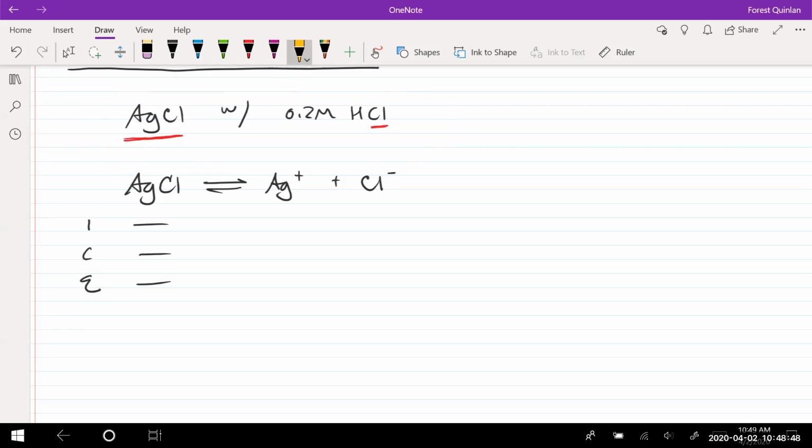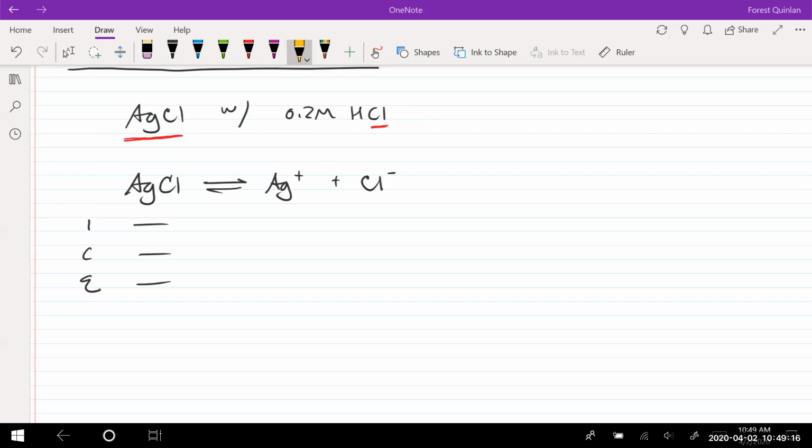Can you repeat that? What are our initial concentrations of Ag and Cl given the situation up here? Is it the same as the others? Nothing? Almost. Gonzalez, what do you think?